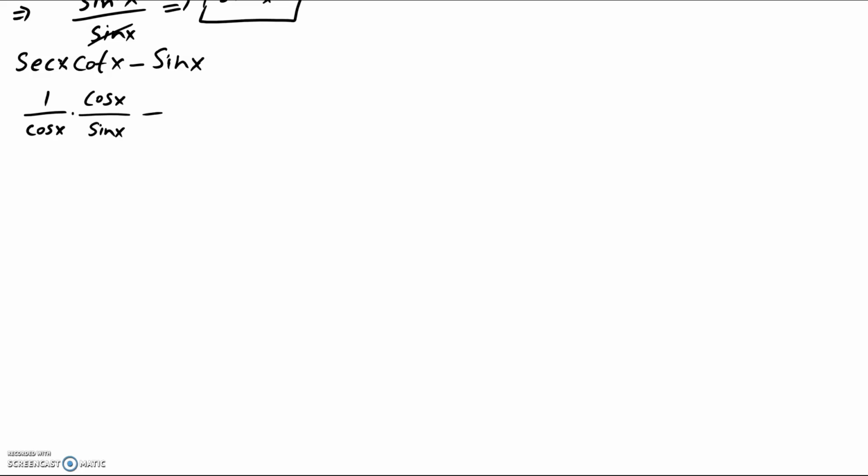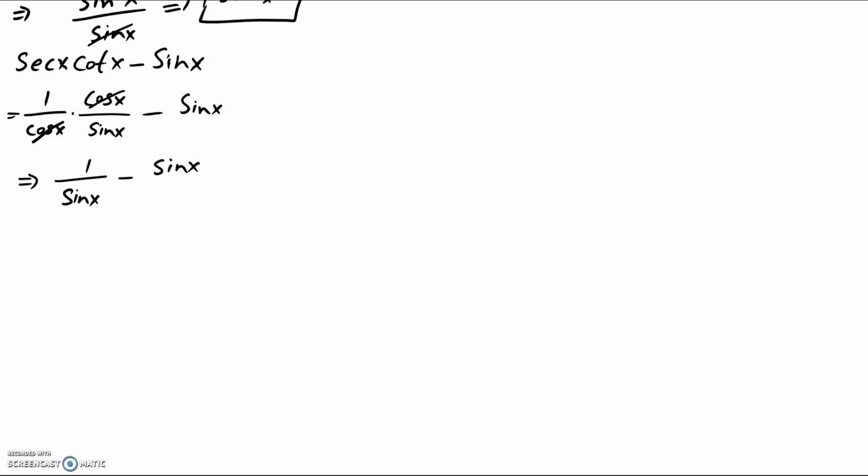Don't use any identity on this, just keep it same. Okay, now look at this one. You have 1 over cos x times cos x over sin x. There is no addition or subtraction sign between these two expressions. So what do you do? You can cancel out cos x with cos x. Now you are left with 1 over sin x minus sin x.